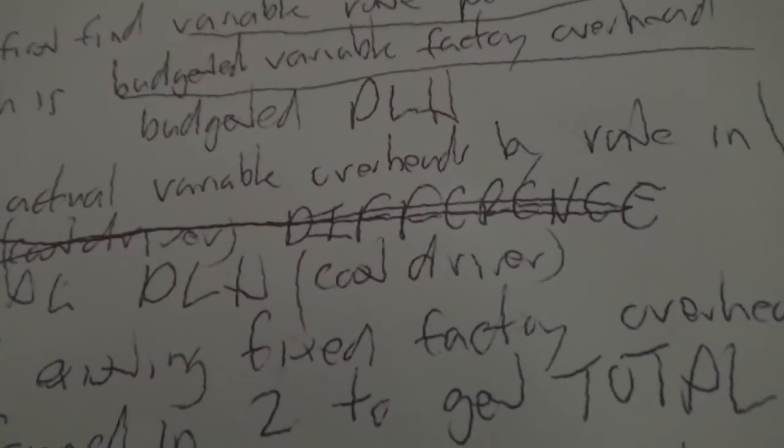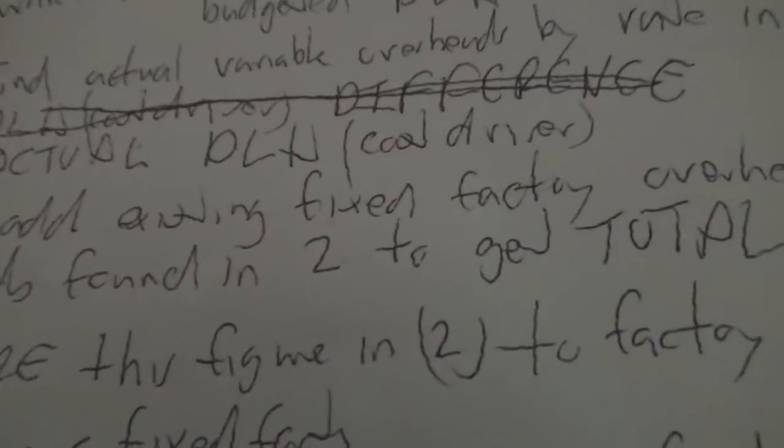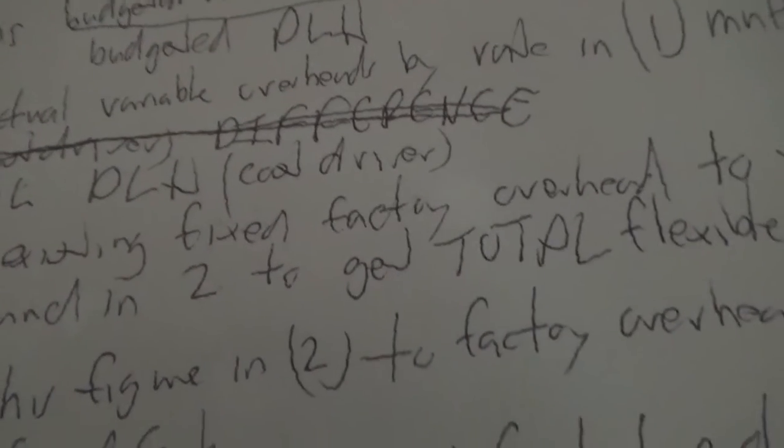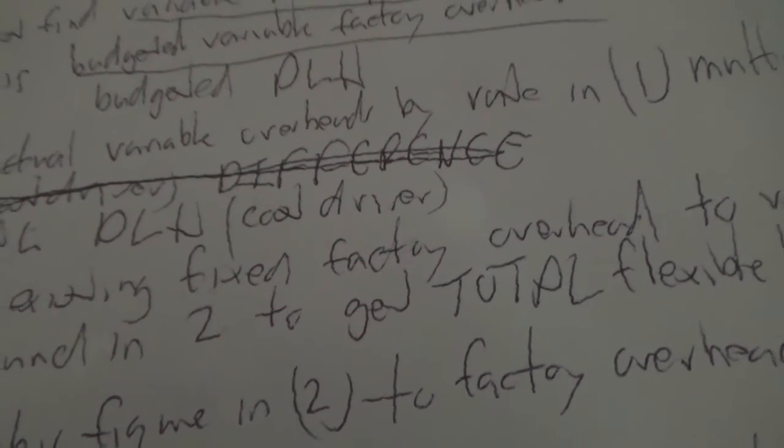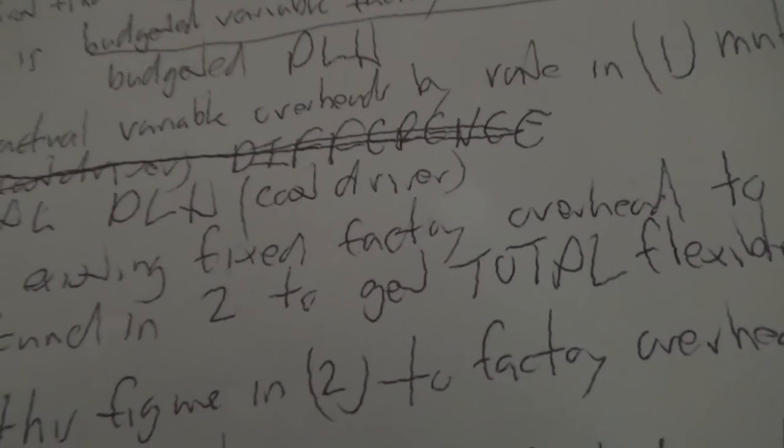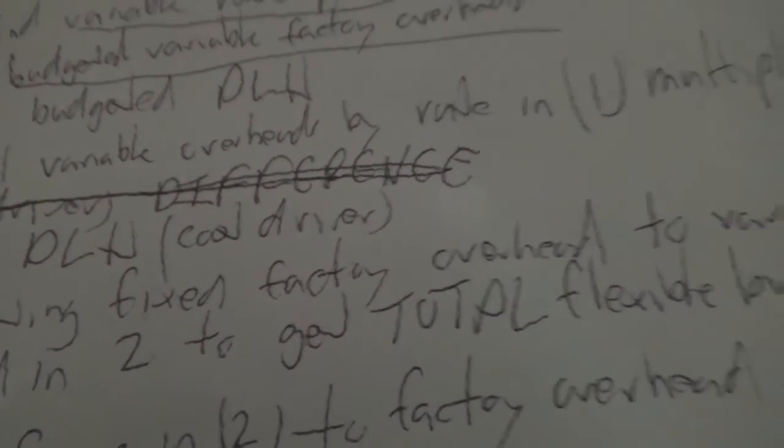Actual direct labour hours, not budgeted, which is your cost driver. Step 3, you now add existing fixed factory overhead to variable overheads found in 2. Remember, in step 2, that was a representation of variable costs. Add fixed and variable to get total costs in your flexible budget, okay?